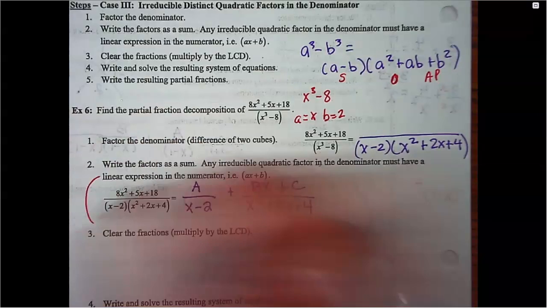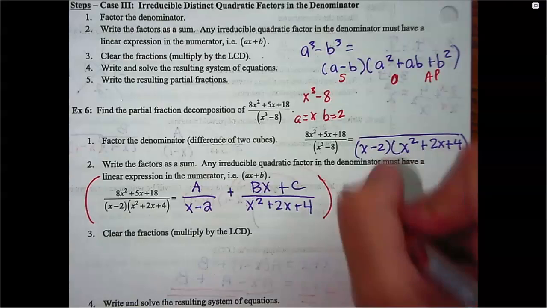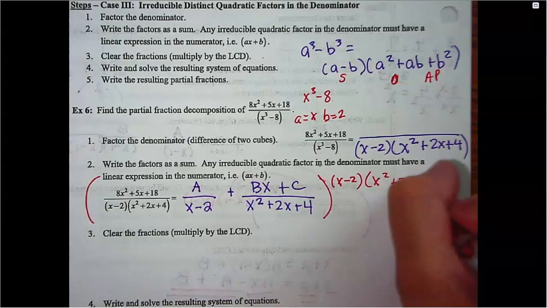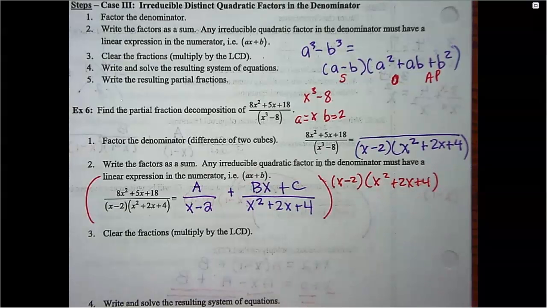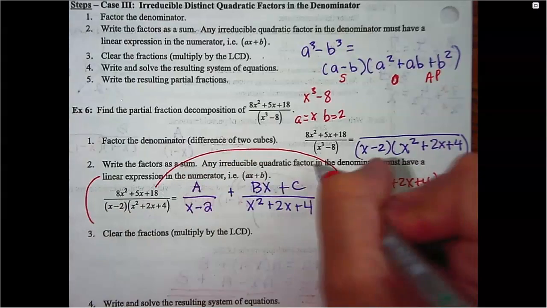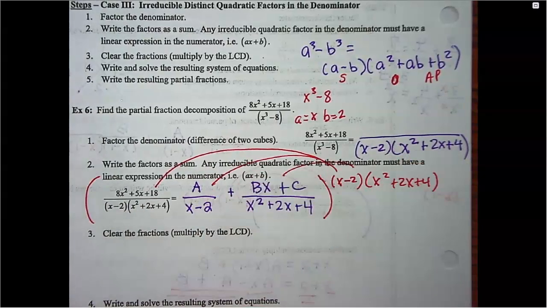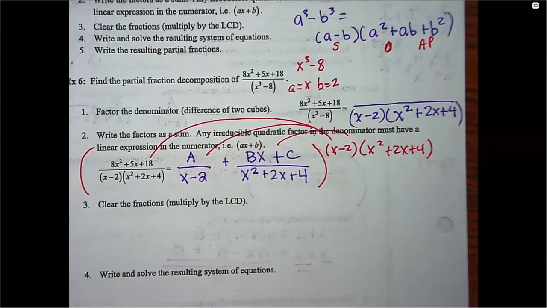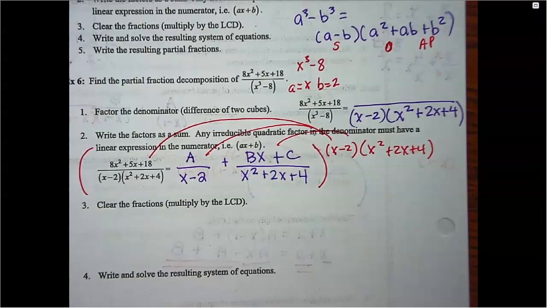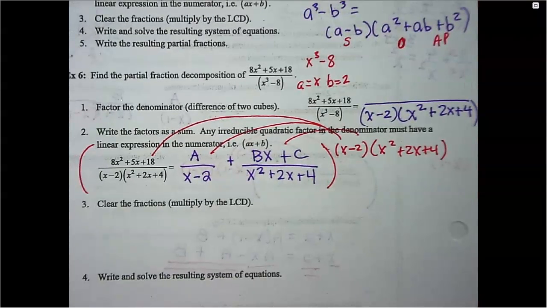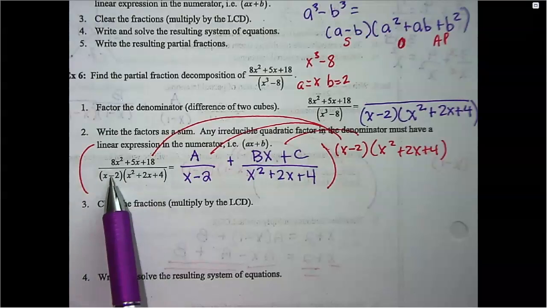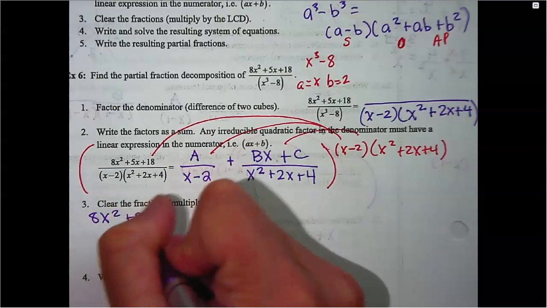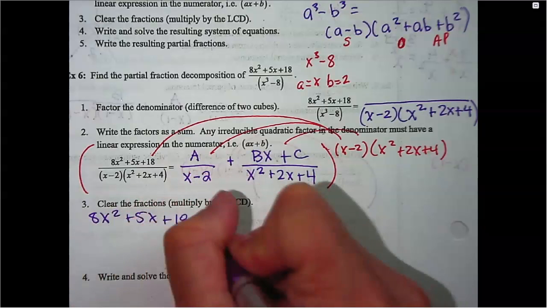Okay, multiply the whole thing by the LCD. The LCD is x subtract 2 and x squared plus 2x plus 4. And you're going to multiply that to every single part of the equation. And we're going to cancel out denominators. So this is step 3. Clear the fraction by multiplying by the LCD. First fraction, both cancel, and you're left with just 8x squared plus 5x plus 18 equals.